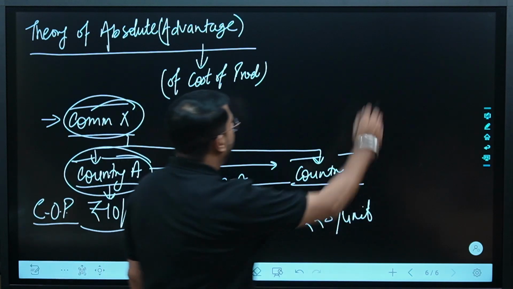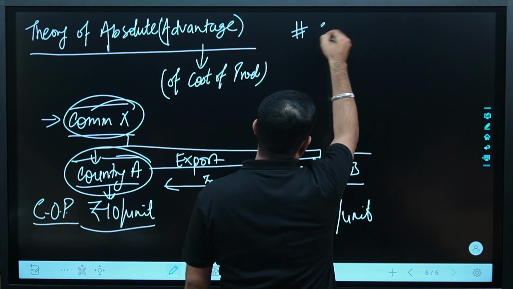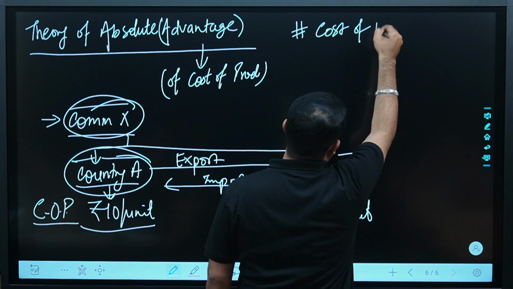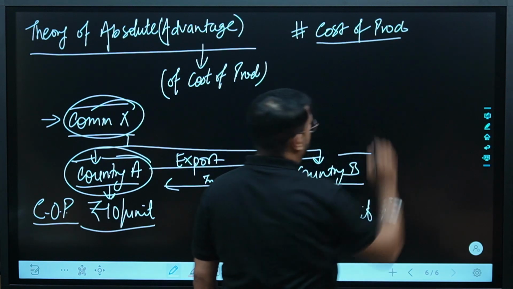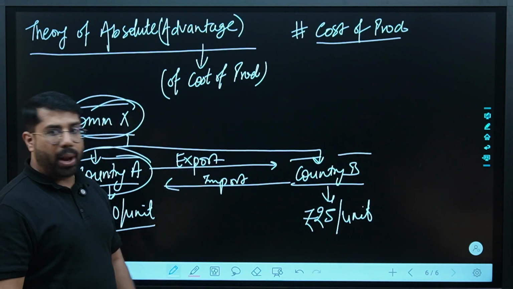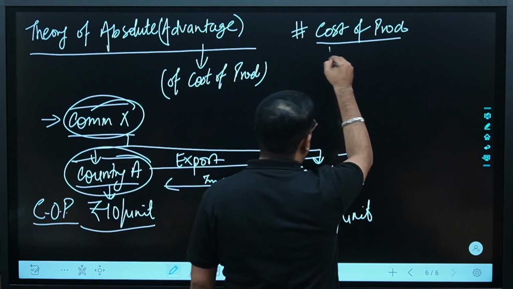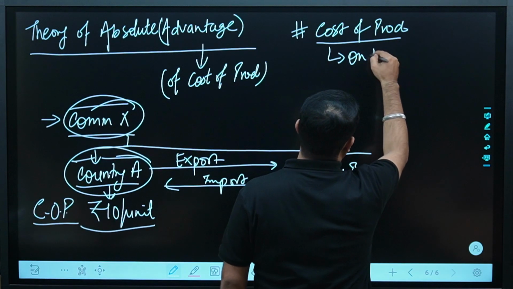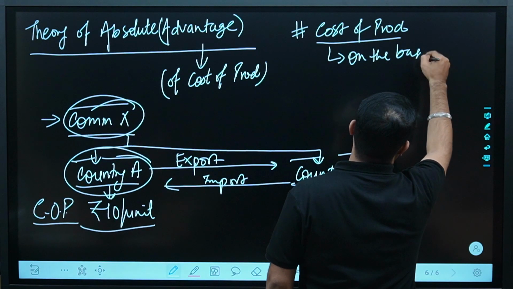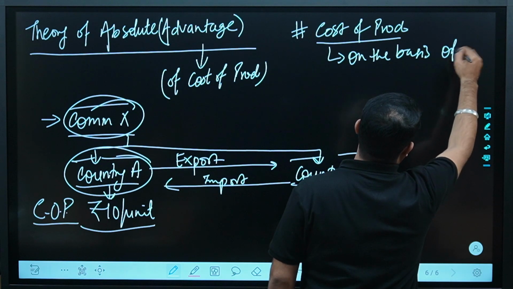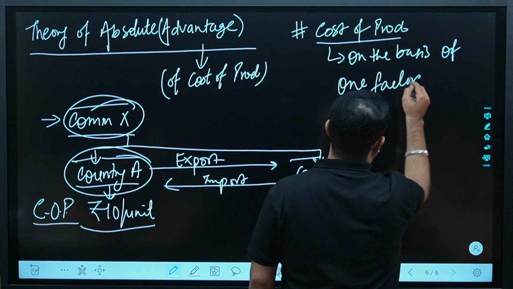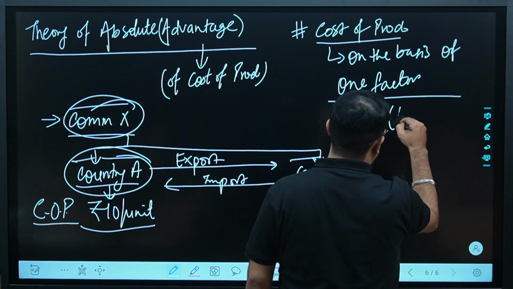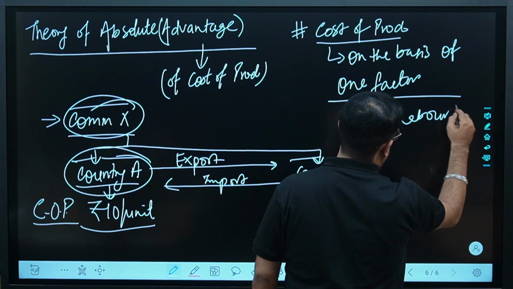The catch here is that, sir, this cost of production, how are we deciding this cost of production, sir? The catch is this cost of production is decided on the basis of one factor, that is labor.